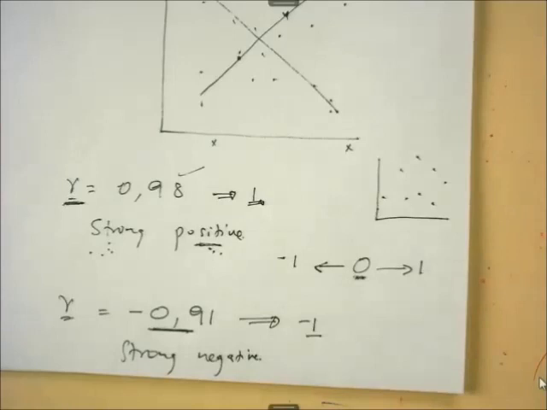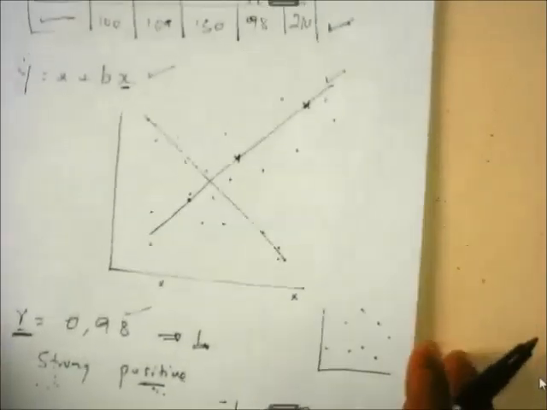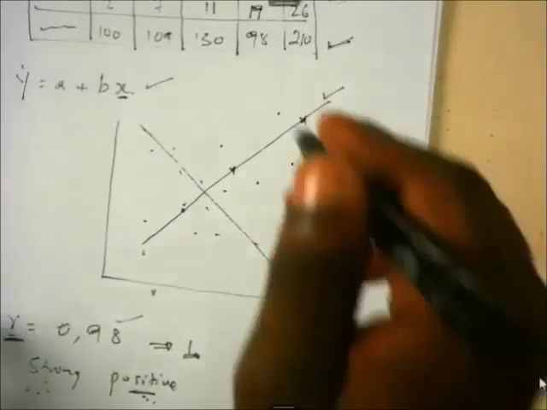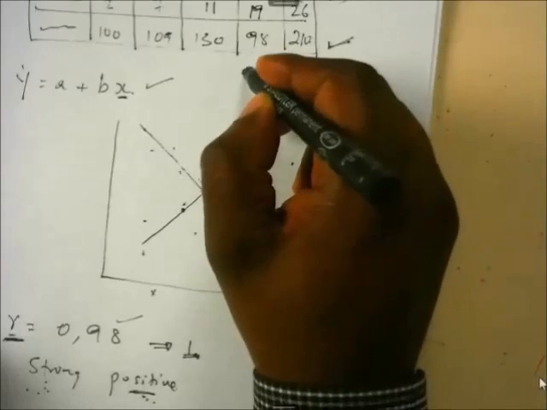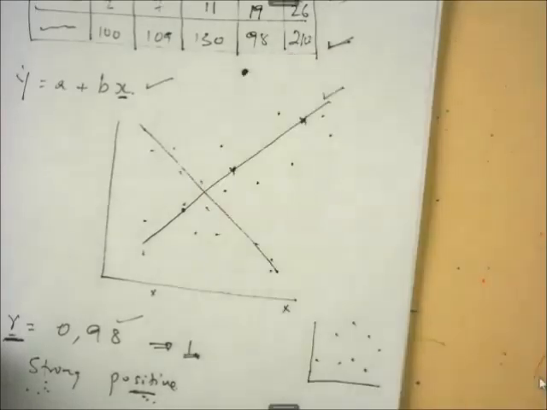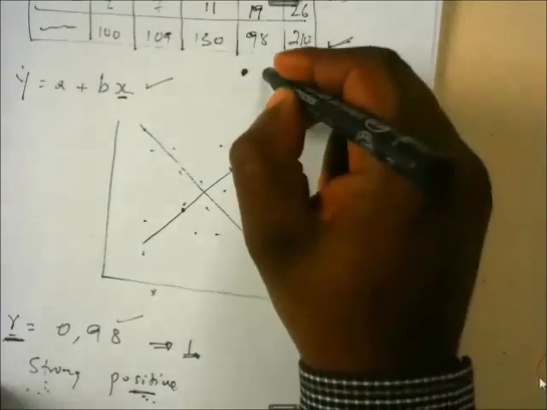Maybe I should also mention that in a scatter plot, if you have a point that is very isolated, standing out alone, far from all the other points, this point is called an outlier.